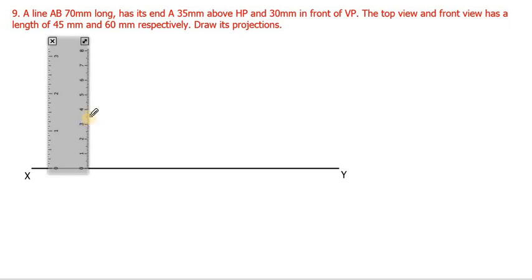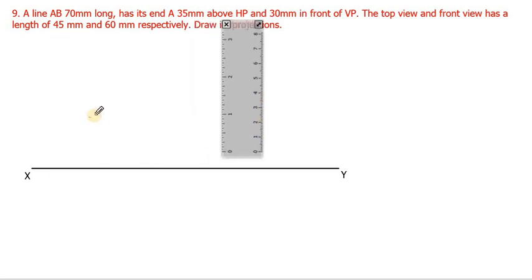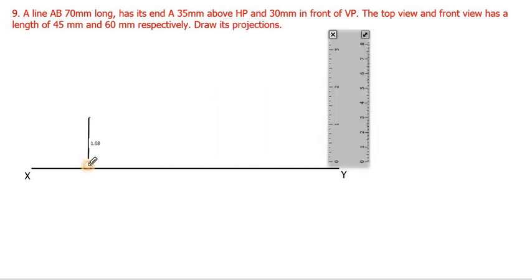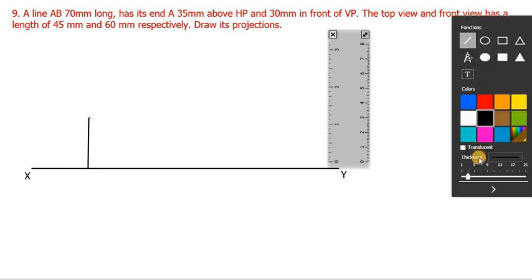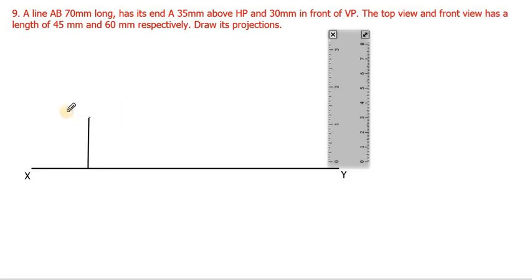So 20, 30, 35, it is somewhere here. So we have marked a point A dash, that is a point above HP. So draw a line from there. This can be marked as A dash.